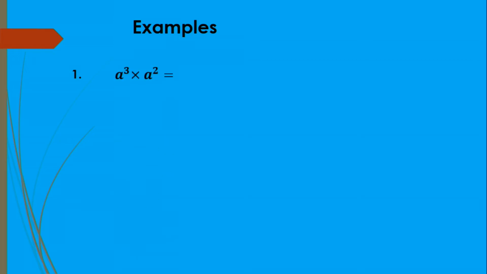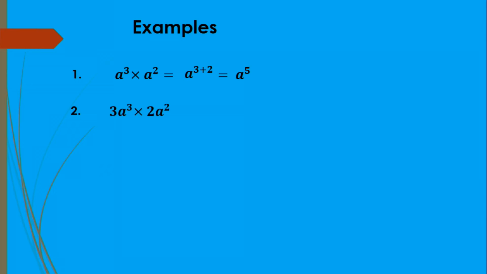Firstly, if we have a power 3 times a power 2, where the bases are the same, according to multiplication law, we need to add the powers. That is, the answer is a power 3 plus 2, which is equal to a power 5. Now, if we have 3a power 3 times 2a power 2, you will notice a numerical value in front of the element in index form.